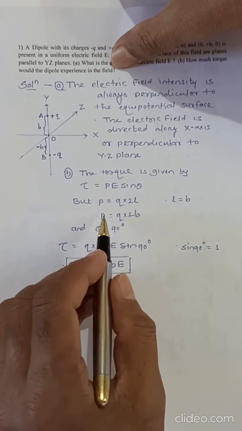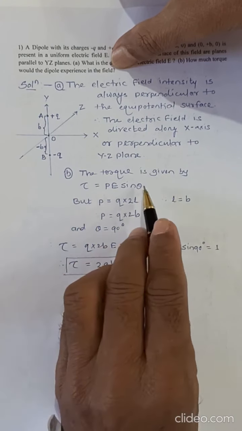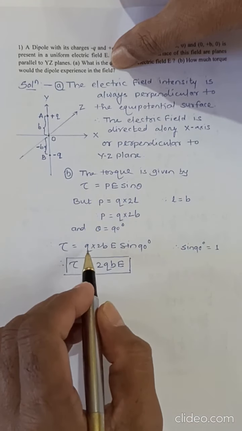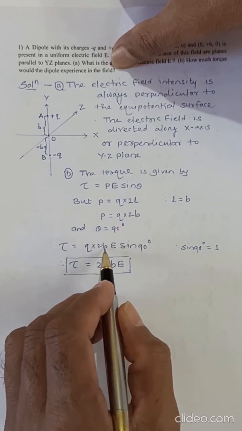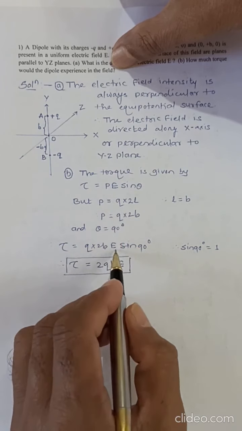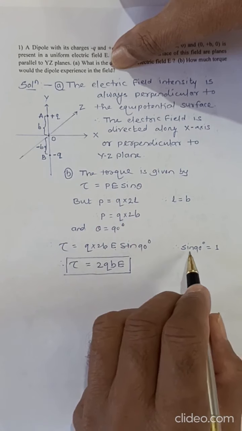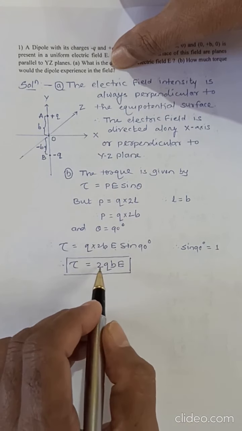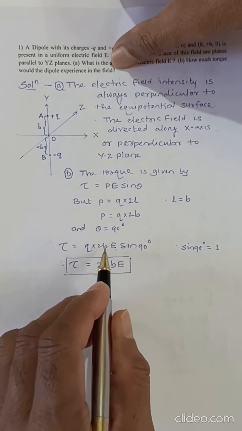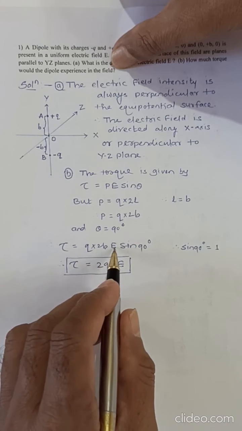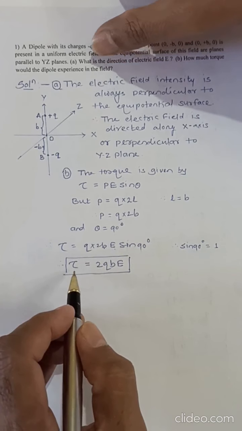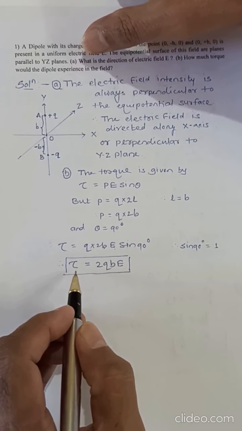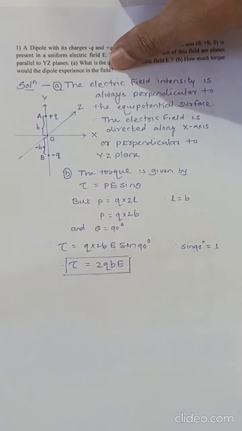Put the values of P and theta in this equation, we get torque tau is equal to Q into twice b E sin 90, but sin 90 is equal to 1 and therefore torque tau is equal to twice Q b E. This is the torque that the dipole would experience in the field.